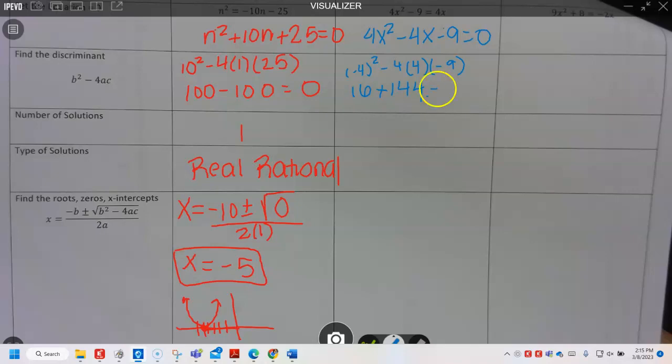So my discriminant is a positive 160. 160 is not a perfect square, but it is positive. So that means I have 2 real irrational roots.